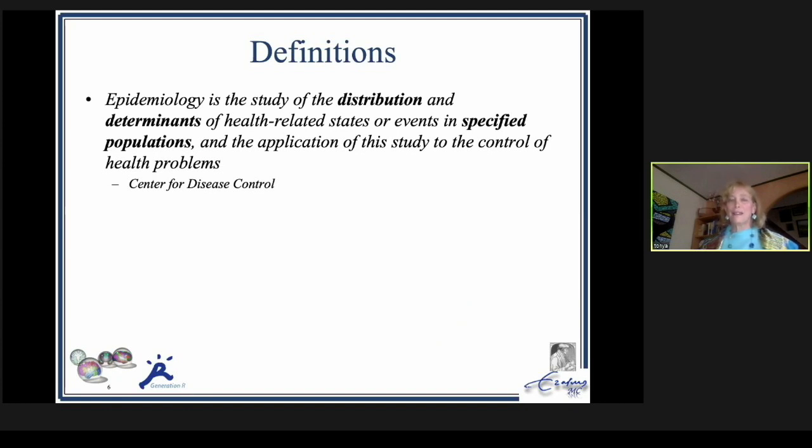So you can think this is the time when you think of the distribution and determinants of the COVID-19 in specific populations, which in this case is worldwide, and then control of health problems in terms of flattening the curve versus other countries use different techniques. But this is a definition for epidemiology.